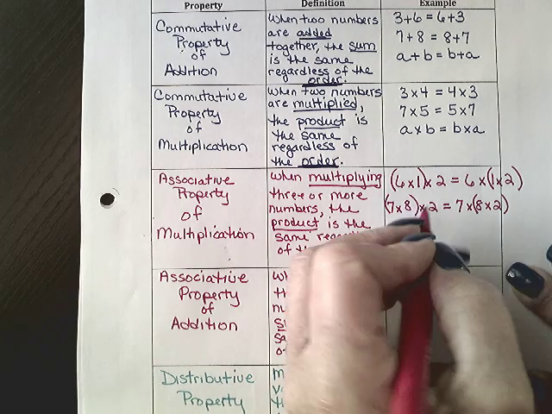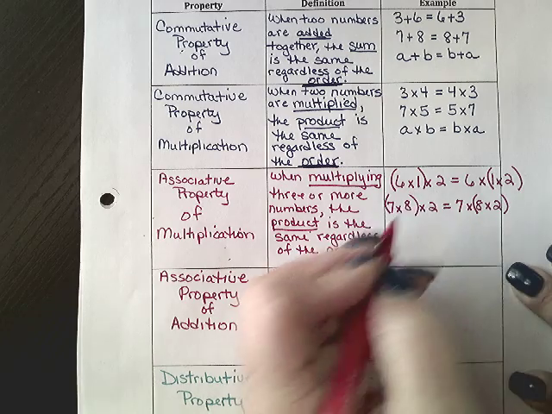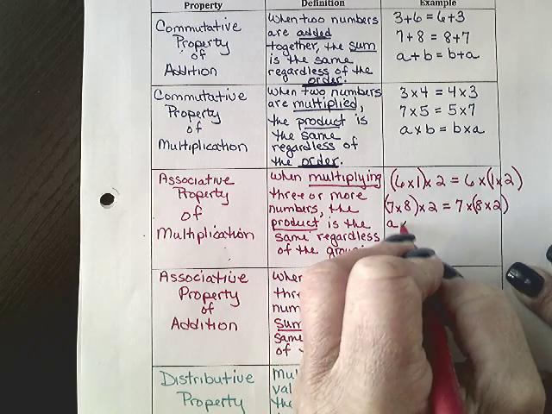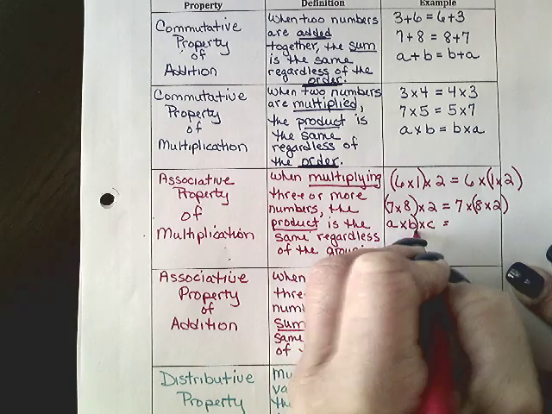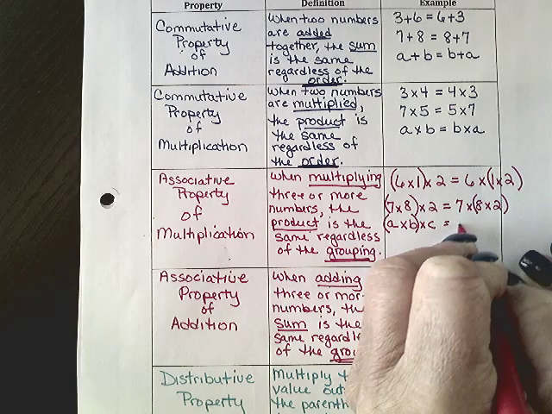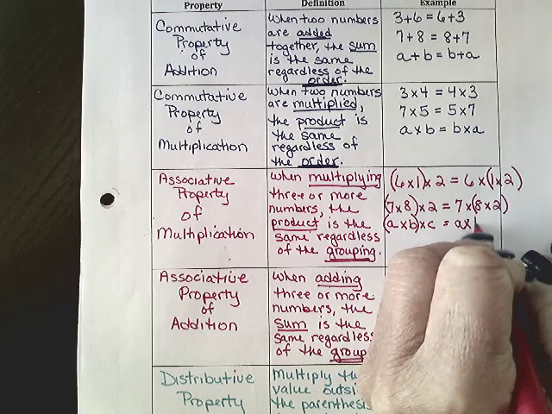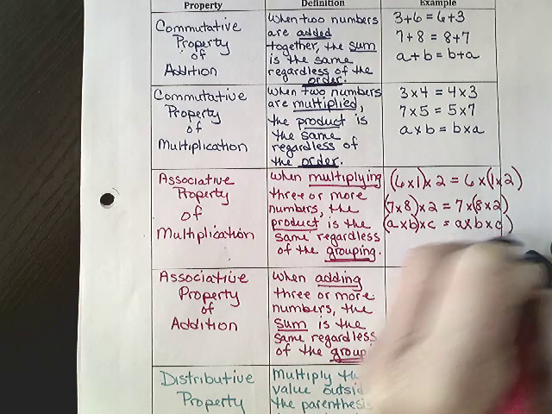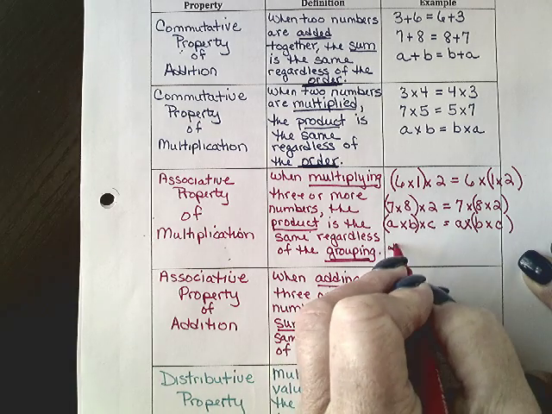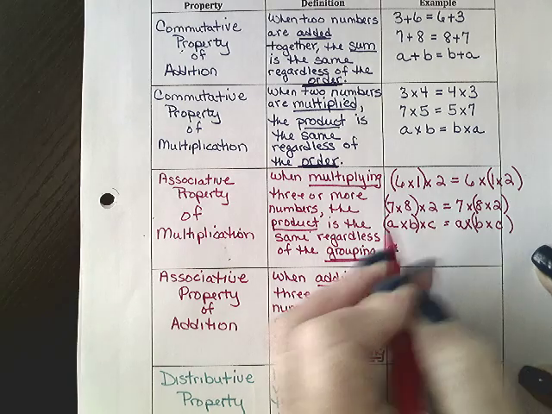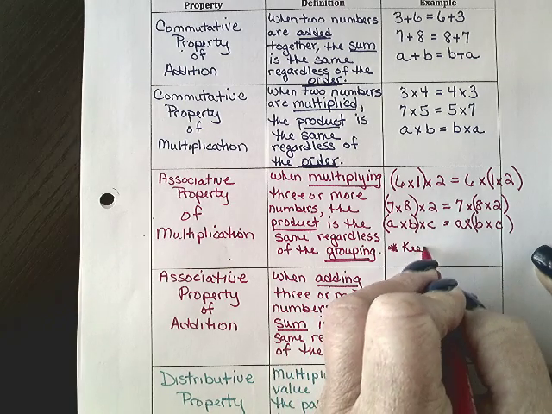So if we do it algebraically, it would be a times b times c. And if I multiply a times b first, and the second grouping would be times c. The most important thing that we have to know here is to keep the numbers in the same order.